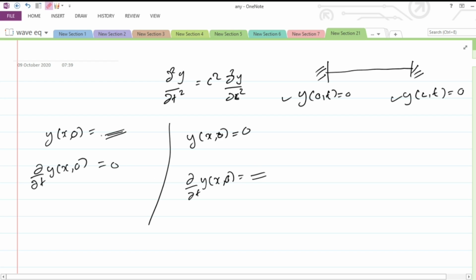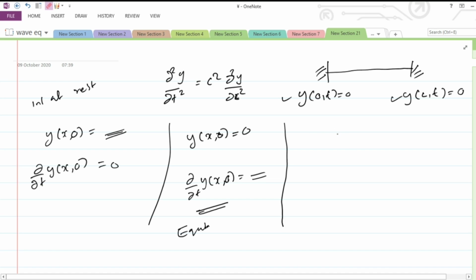We identify this case by the phrase: the string was initially at rest and has a displacement. We identify the other case by: the string was at equilibrium position and allowed to vibrate with an initial velocity.